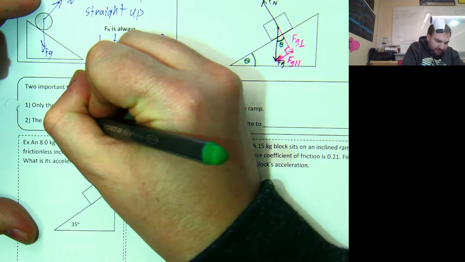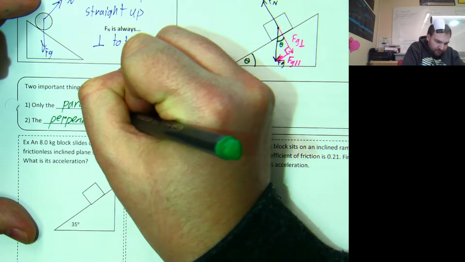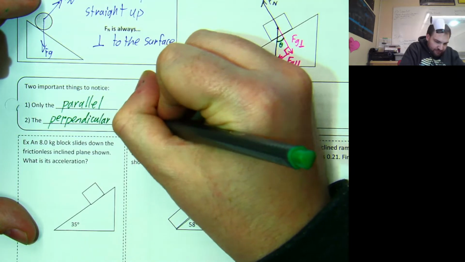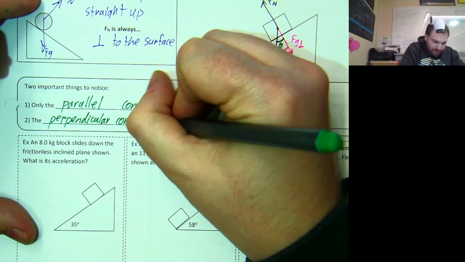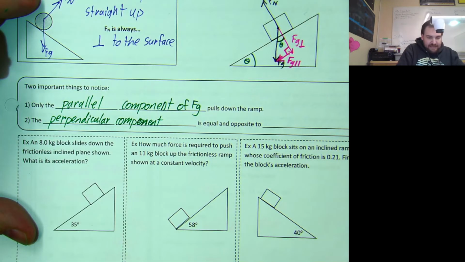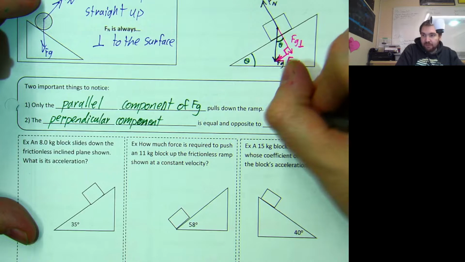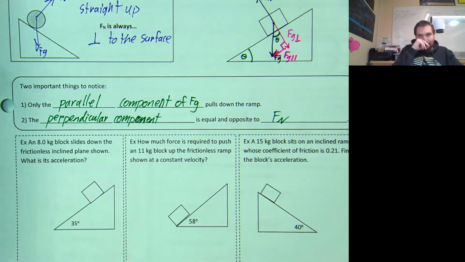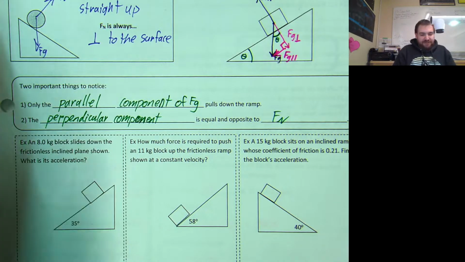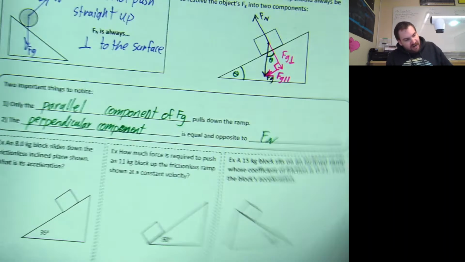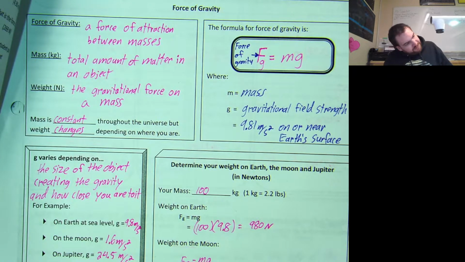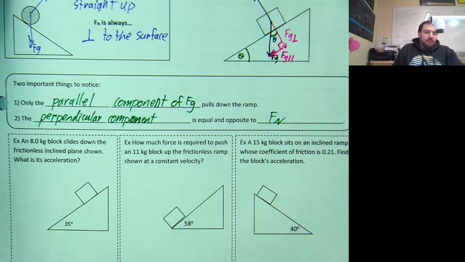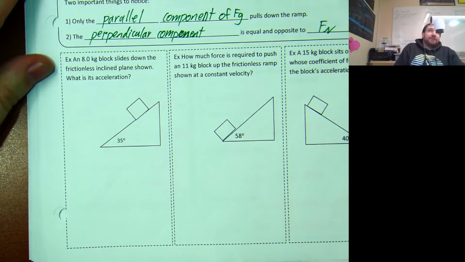The perpendicular component is equal and opposite to Fn. So we're going to do a couple examples here of what this looks like. And then I've got 9 questions for you to look at. I'm going to assign half of them, because the other half is going to be part of your review.